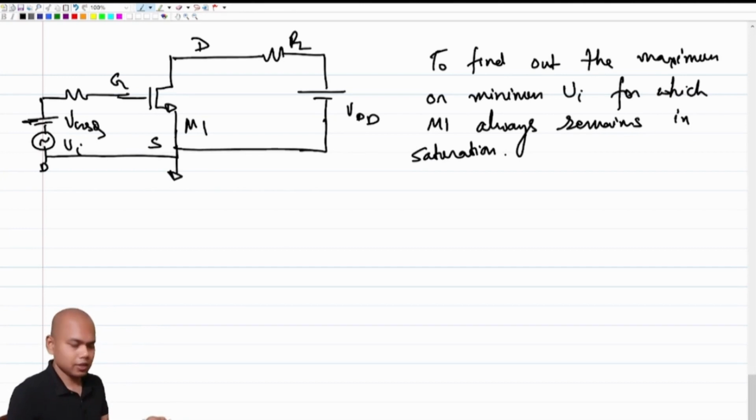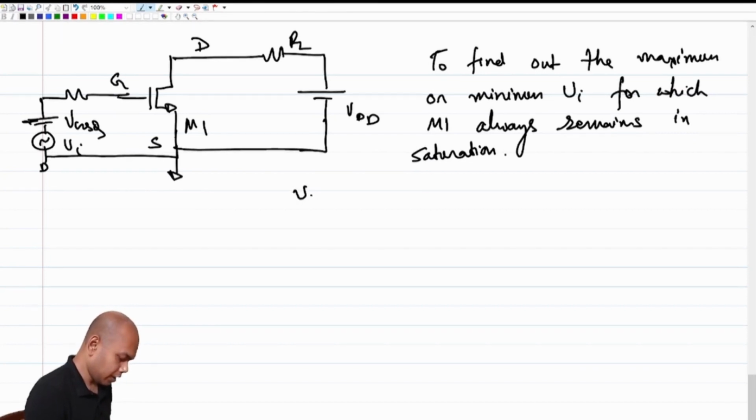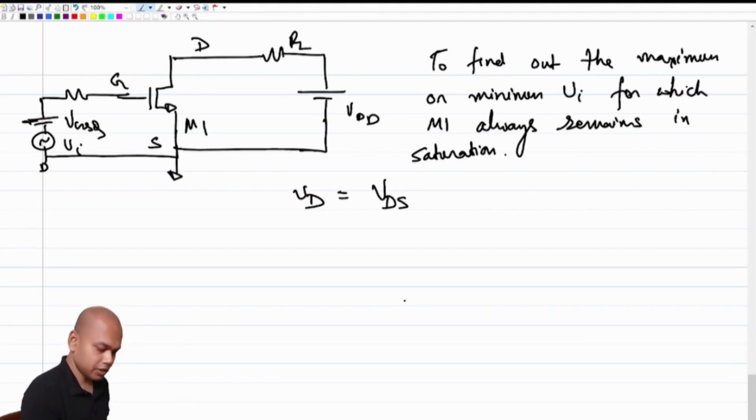Firstly, we need to establish what the total currents and voltages are. So what is the total? Let's do the saturation condition first. Vd, which is equal to VDS, which had been found from quiescent conditions, plus small vds.